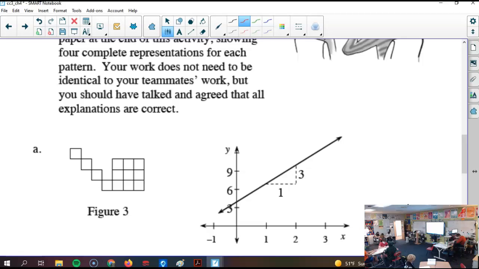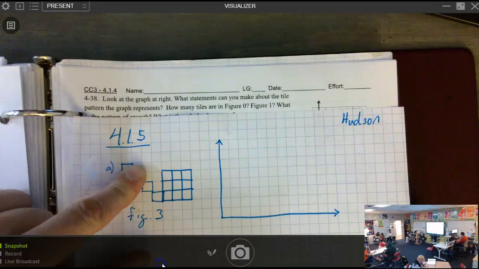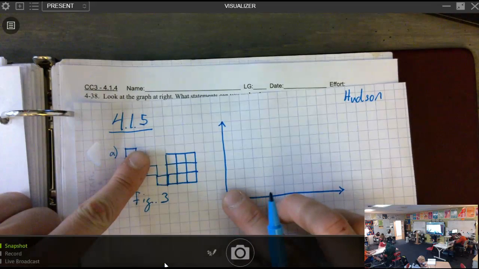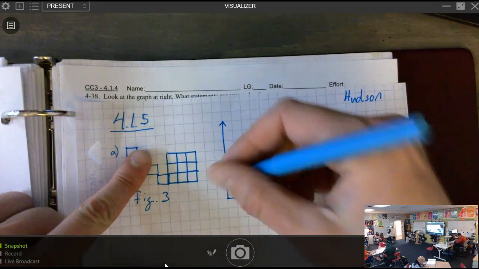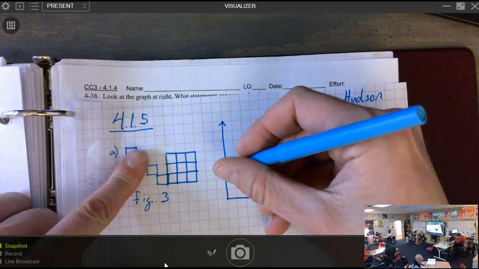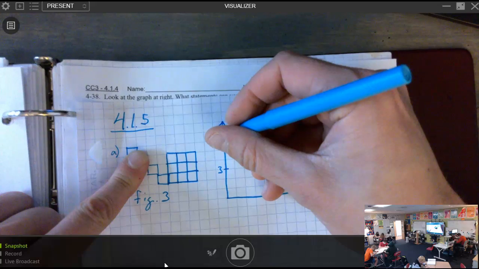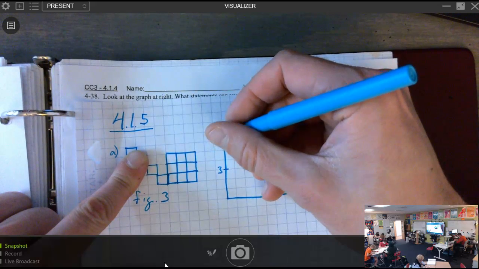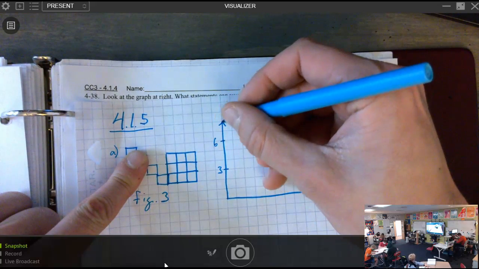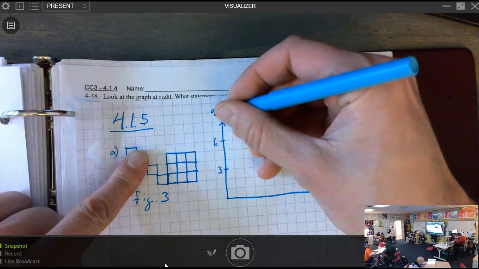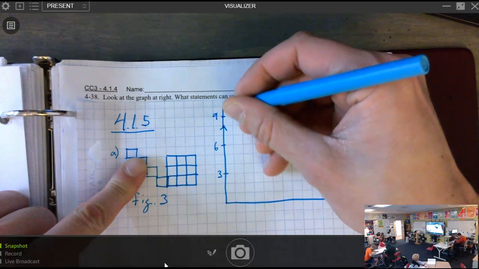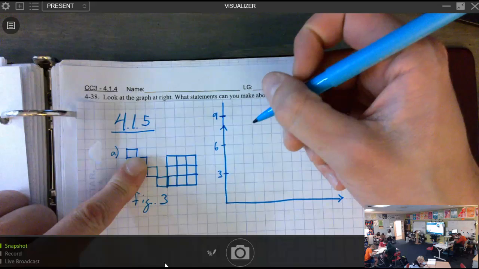Copy this however you want. And here's what I mean by that. You can scale however you feel like it. I'm going to go ahead and just go by 1s, because it looks like that might be okay. I don't know, I might go off my graph. Here's 9, so I need to extend this axis. I'm working in pencil, way better.